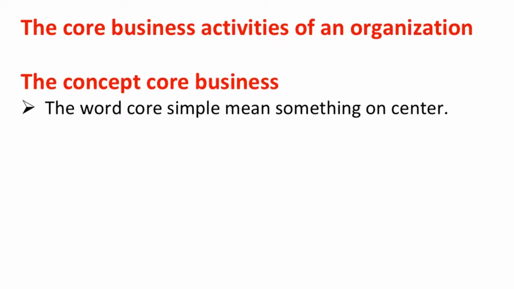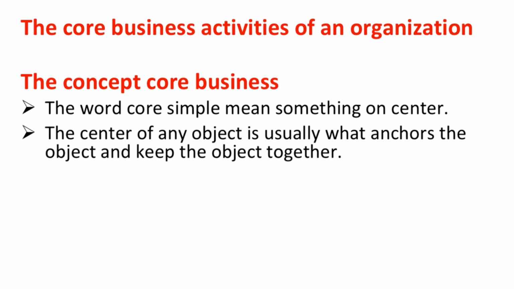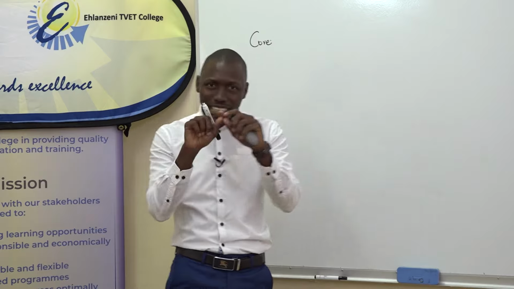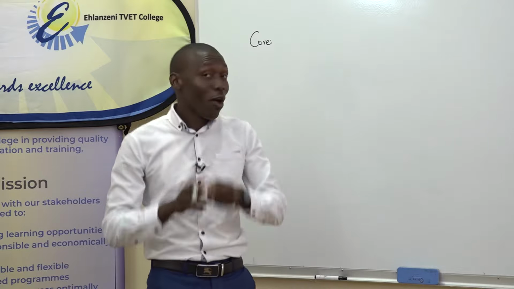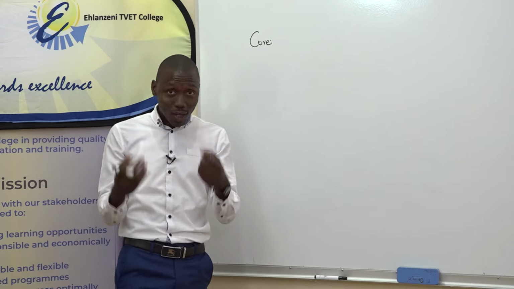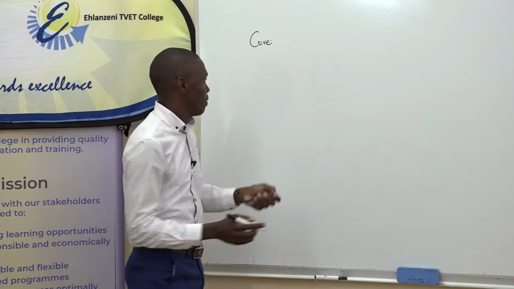The center of any object is usually what holds the object together. And in most cases, that object in the center is normally nice. For example, let us look at a lemon cream biscuit.